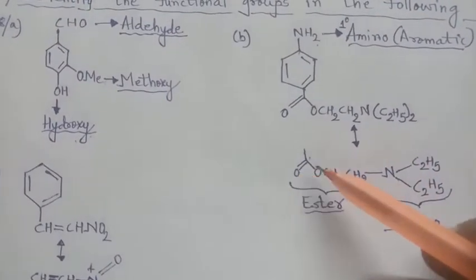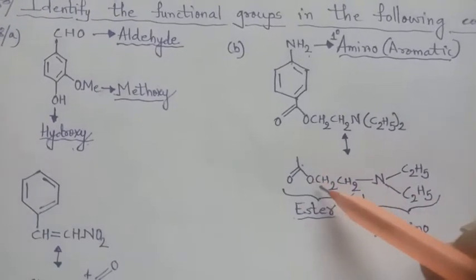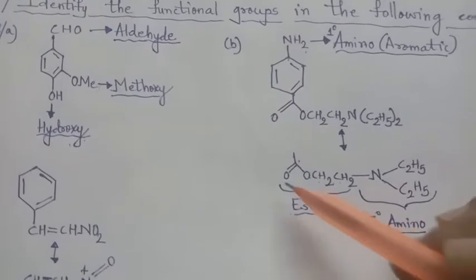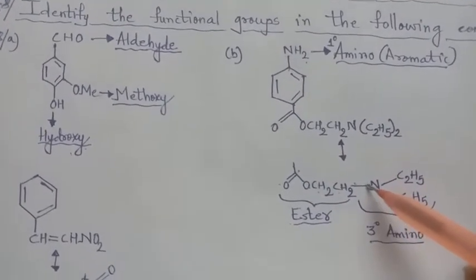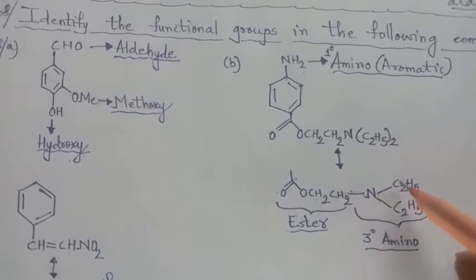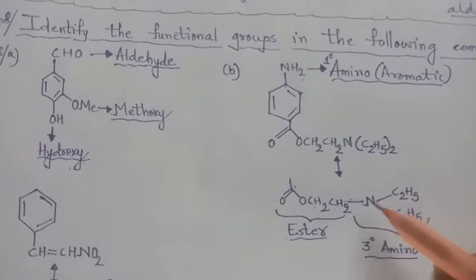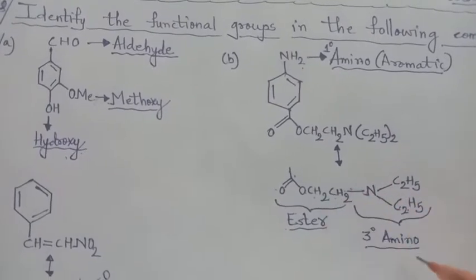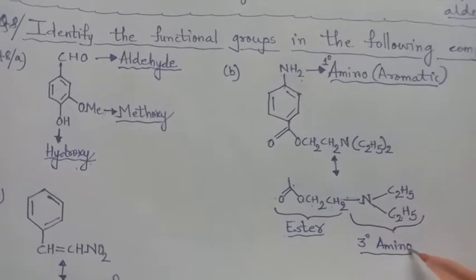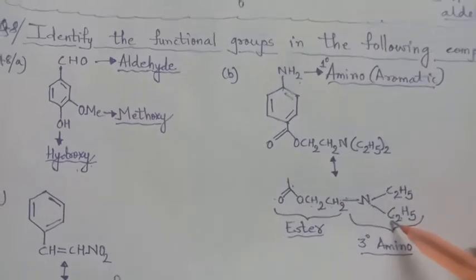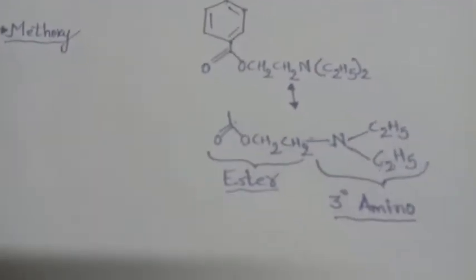C double bond O, O, R. That means COOR, that is the ester group. Ester group is connected on one side, and on the other two sides is again an alkyl group. So 1, 2 and 3 sides attachment is there. So it is 3-degree amino, right? And N,N-diethyl amine, right? If you have remembered the nomenclature.